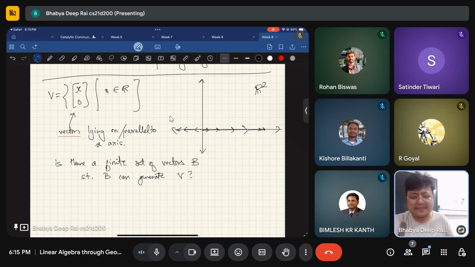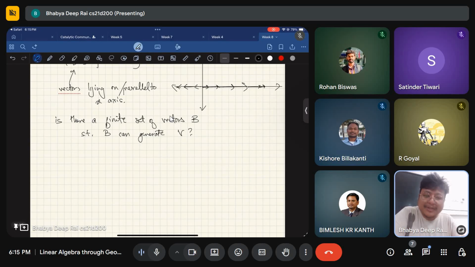Is there a finite set of vectors B such that B can generate entire of V? And what do you mean by generate? Using linear combinations. And the answer is yes.